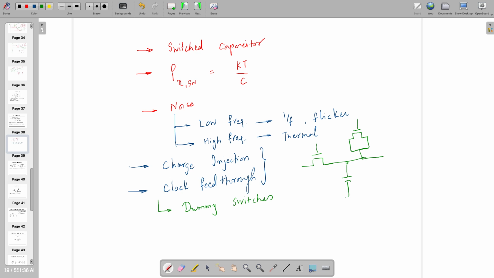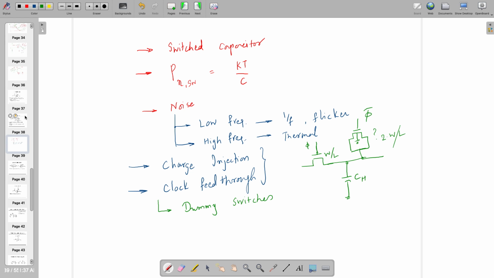If this is the case where you have one dummy switch, if this is phi, this has to be phi bar, and this is ground by the way. If this is W by L, this is the hold capacitor. What value of transistor do I need to take? Double, right? 2W by L, just to make sure that it will cancel exactly.